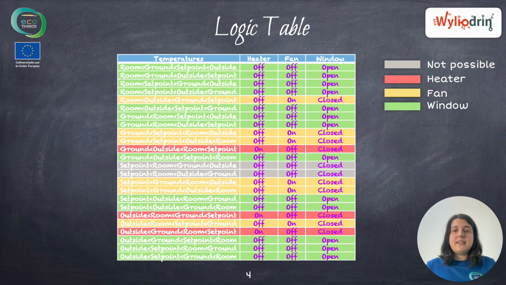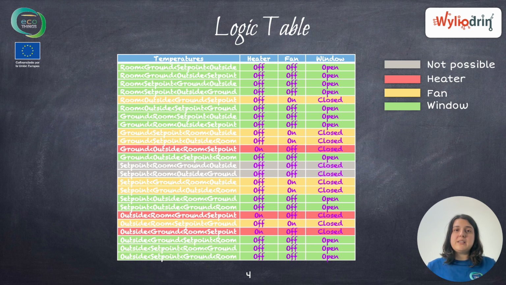Now, we have the logic table that describes our energy saving policy. And here we need to take into account what is the most efficient out of the actuators we have. The most efficient in terms of energy is to open the windows. So we want to use the windows as a means to set the desired temperature.